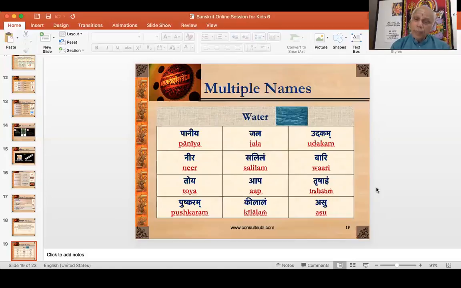Udakam also means water. Neer. In Tamil also you call it Neer. In Telugu also you call it Neer. Also refers to water. Salilam. Also water. Salilam Varshaya. This is rain. Salilam Varshaya. Pouring. Vari is also meaning water.